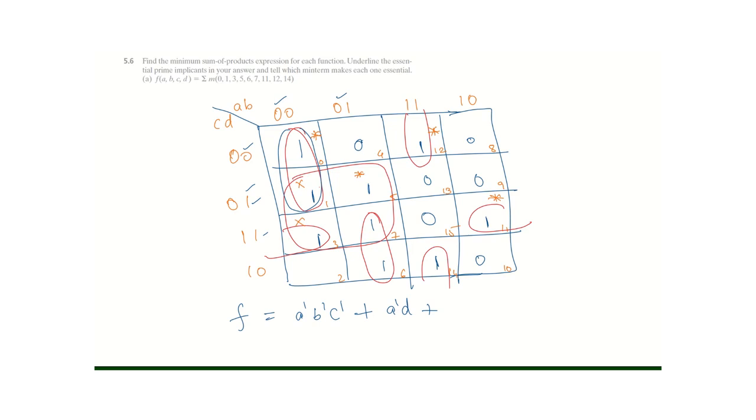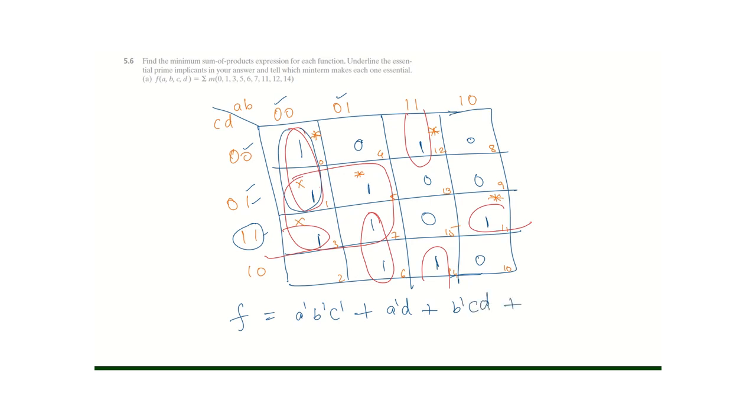So then there is one more. In this, CD is remaining the same, and A is changing, B bar is constant, so we can write B bar CD.